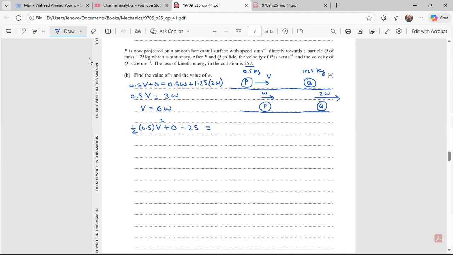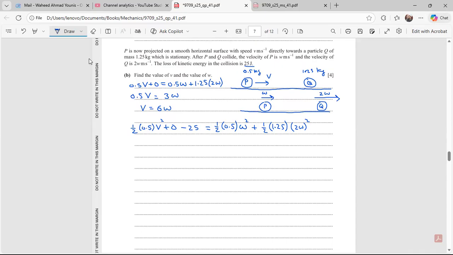So this is equal to the total energy of the system after the collision, and that is half m w squared plus half times 1.25 times 2W squared. I hope you agree with all this equation.